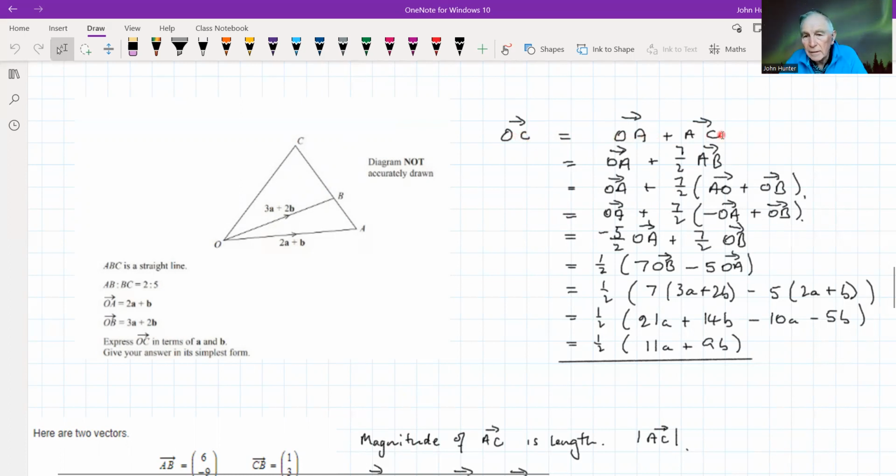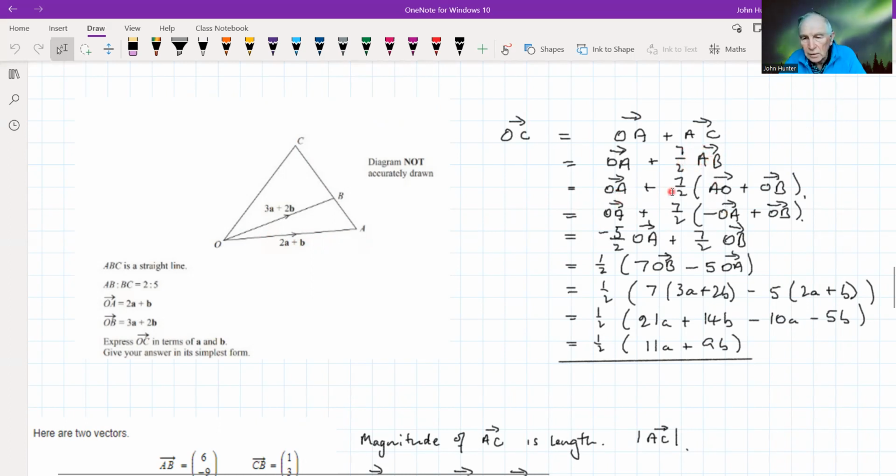OC, again, is our expansion, OA plus AC. What is AC? Well, I already said AB is 2/7 of AC. So turning that round, AC is going to be 7/2 times AB. Now I've used AB because we know these two in terms of a and b, which is all we need. So that's quite useful now, because we've expressed AC in a form that we've got a decent chance of working out.